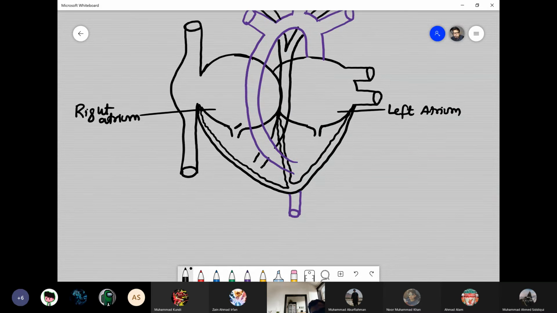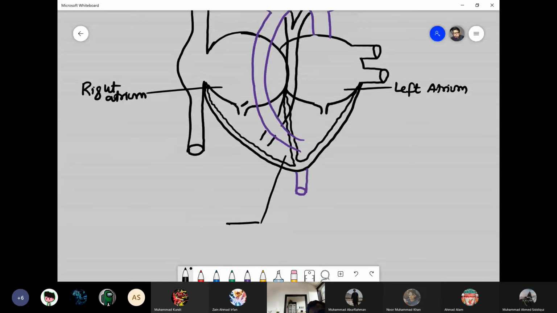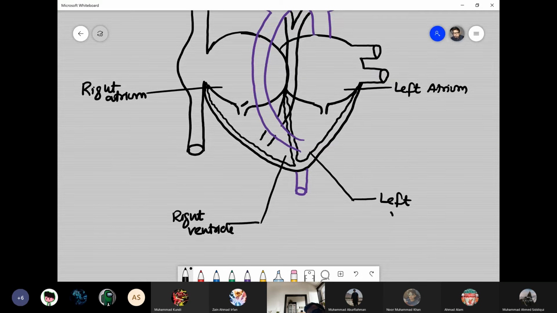Then this over here is the right ventricle. And this over here is the left ventricle. So these are the four chambers of the heart.